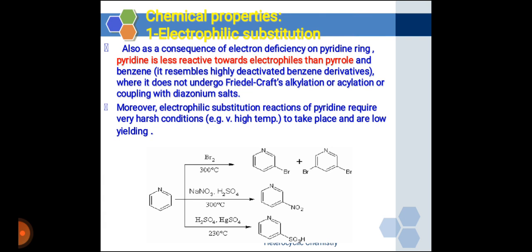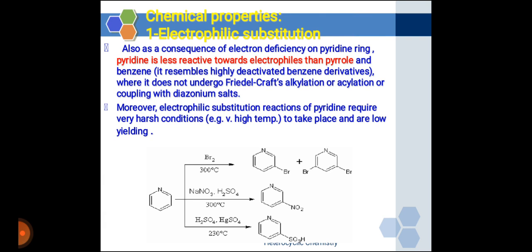Pyridine first reacts with bromine at 300 degrees Celsius to form 3-bromopyridine and 3,5-dibromopyridine.